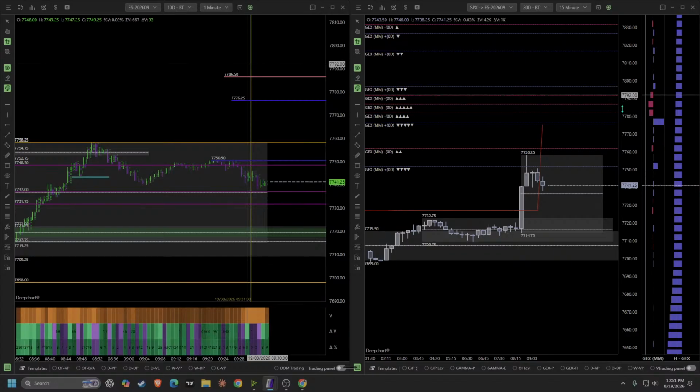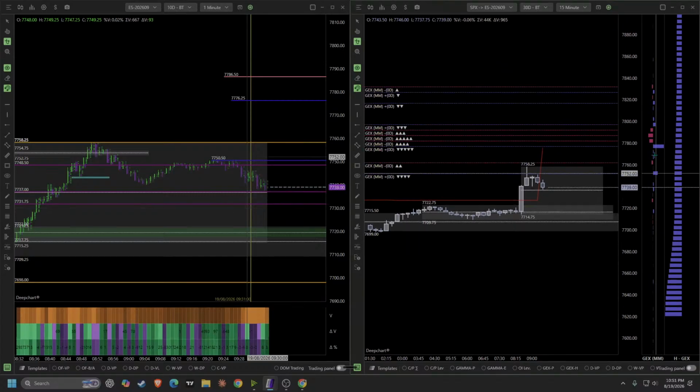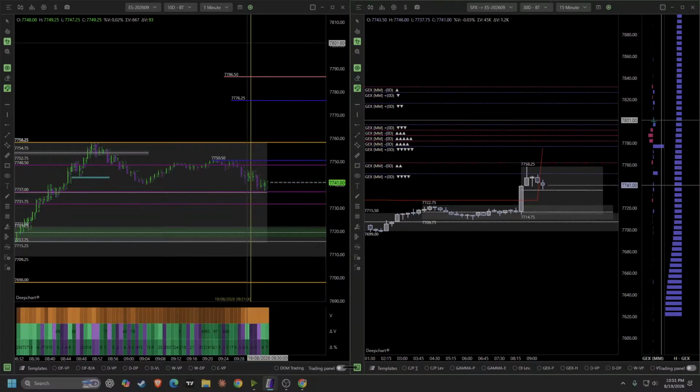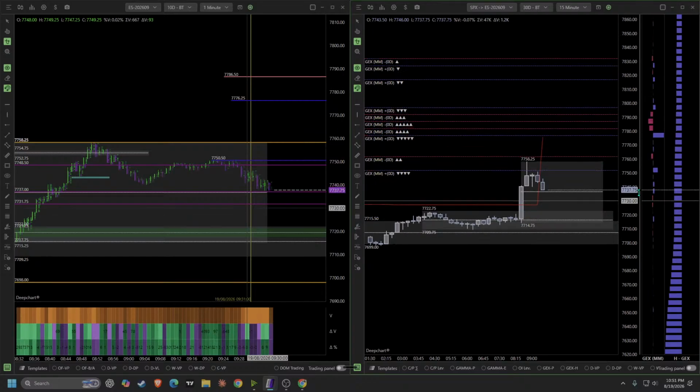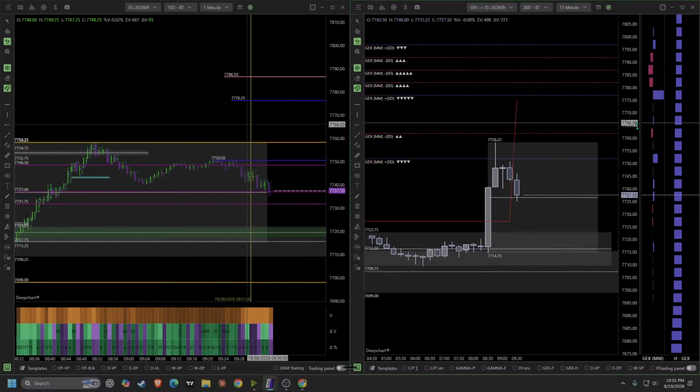You can see how the options levels change and the exposures as the time passes.